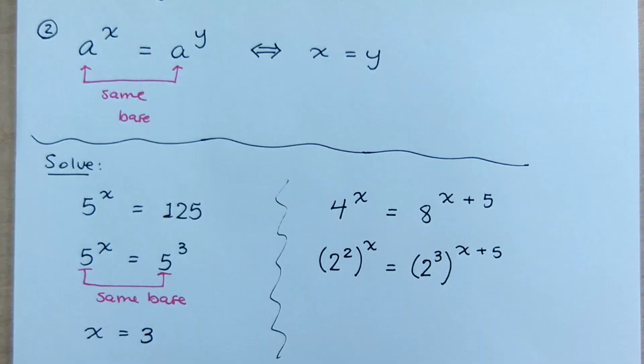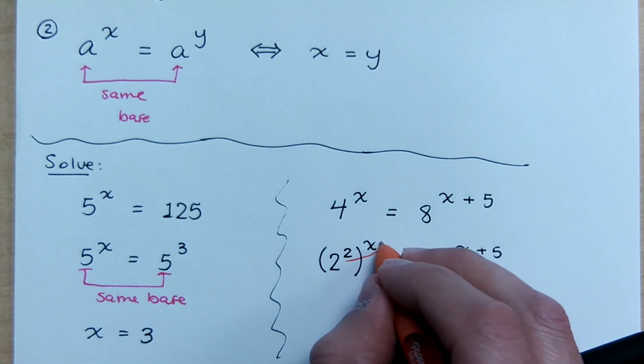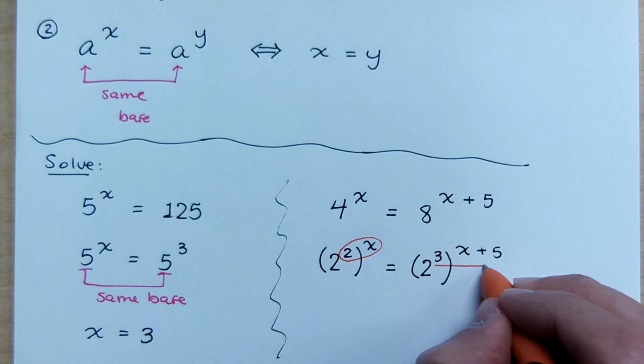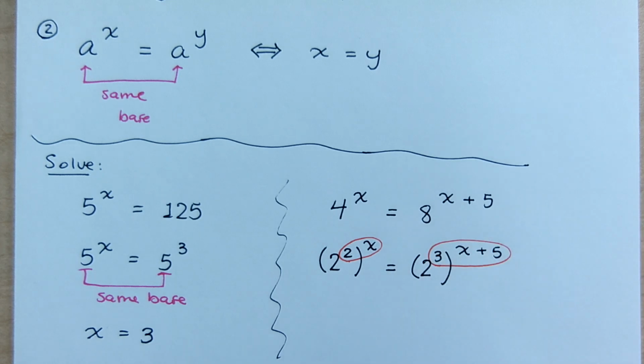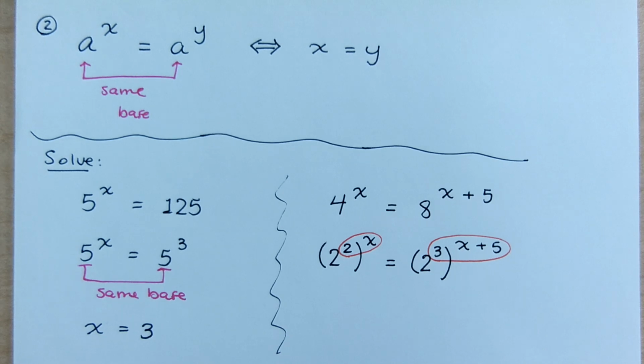You also have to know how to work with properties of exponents to be successful in this next test. Here you have powers to powers. So what do I do when I have powers to powers? Add them? I disagree. When a power is raised to a power, you multiply those.